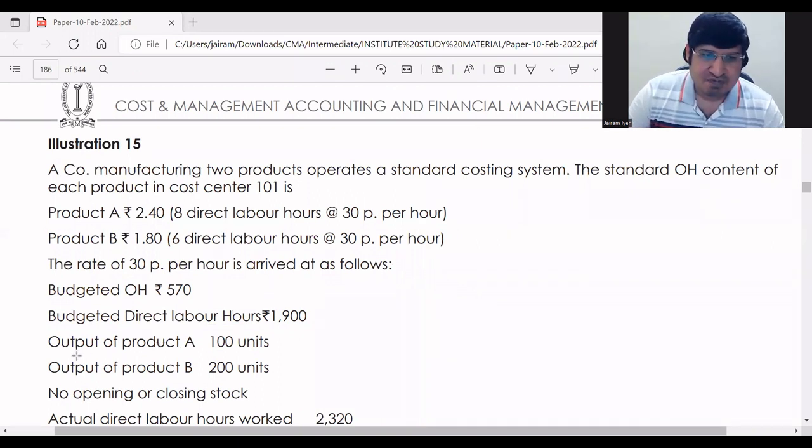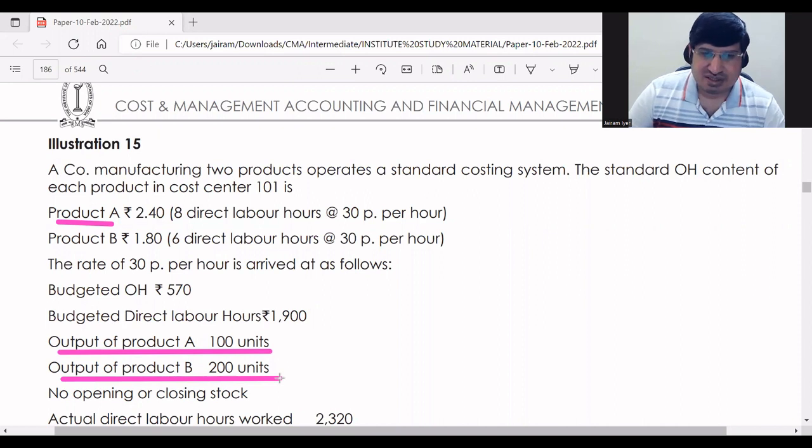Next is output of product A, 100 units. Okay, product A total output is 100 units, and output of product B is 200 units. Okay, so these are the actual outputs given to us.